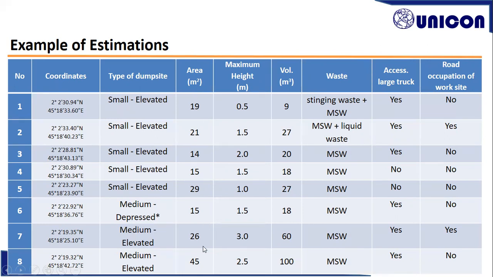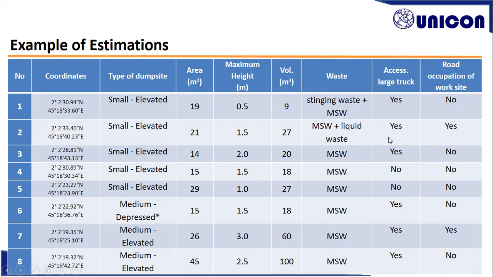The area of each dump site at the soil level, the maximum height of each dump site, the total volume, then the waste, the kind of waste. You can see that in the case of the first 2 dump sites, we assumed both municipal solid waste and other particular kinds of waste, while in the other dump sites, we only conceived the municipal solid waste.